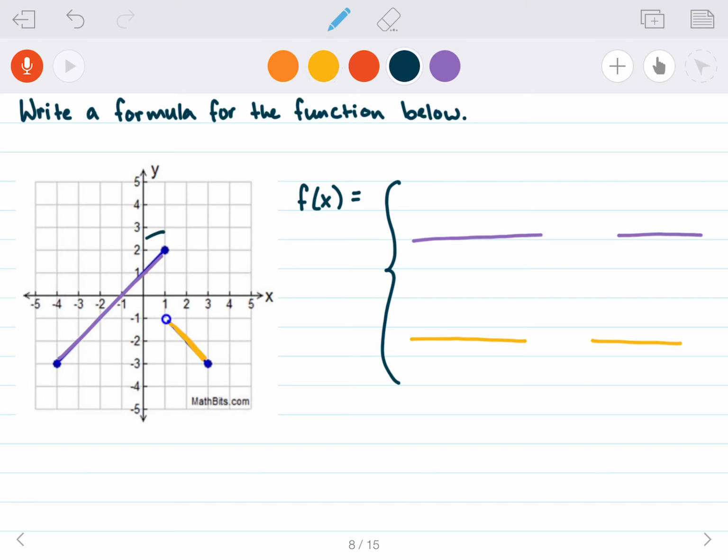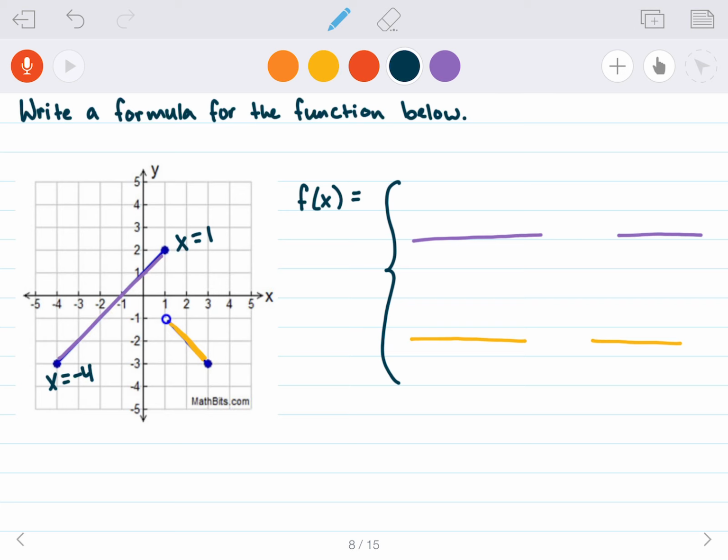So if we look at this first piece, we start the first piece at x equals negative 4, right? This is x equals negative 4. And it goes on until x equals 1, right? This piece goes from x equals negative 4 to x equals positive 1. So that's our domain for the first piece. And how do we say this with inequalities?